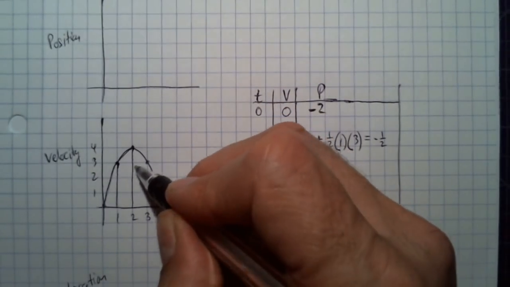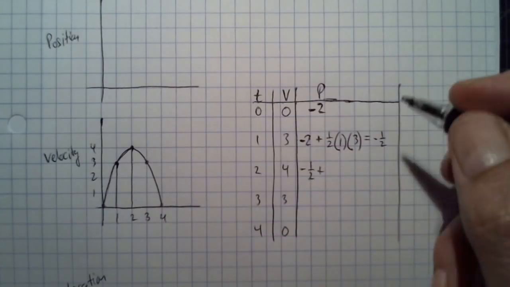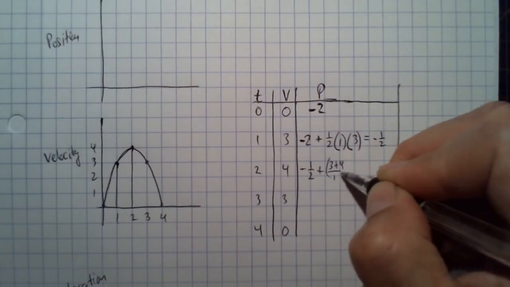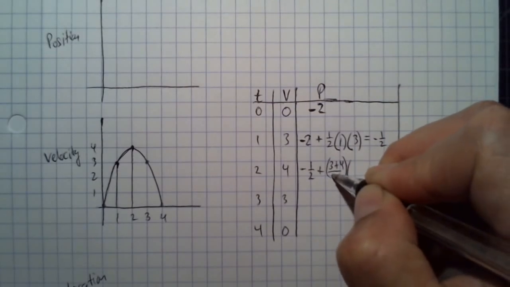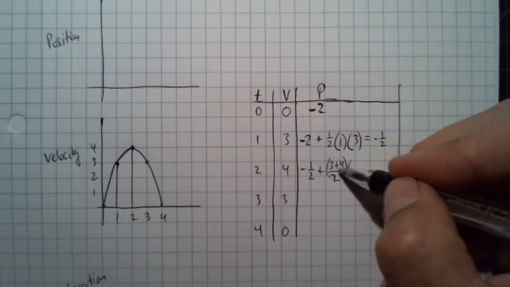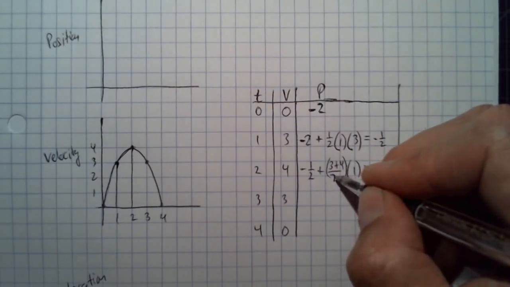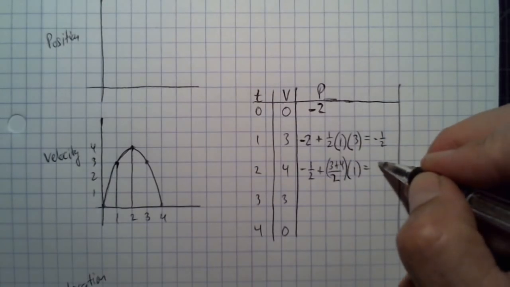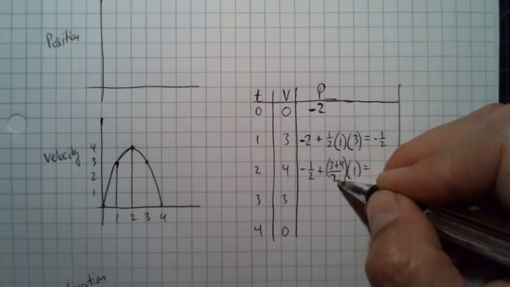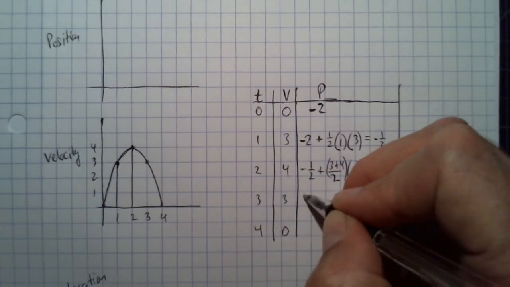Just say that's straight and we'll make a trapezoid. We find the mean of 3 and 4, that's 3 plus 4 over 2, times the base, which is 1. 7 over 2 minus 1 over 2 is 6 over 2, and we get 3. So now we have a position of 3.